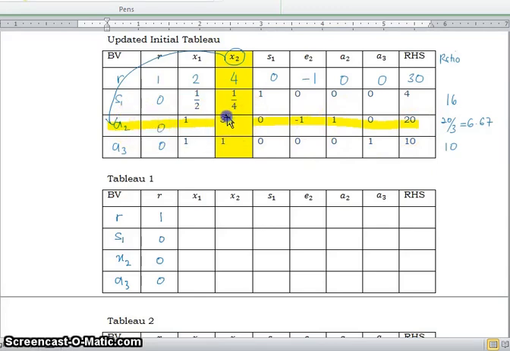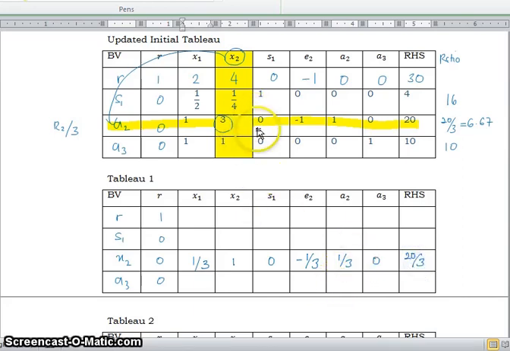Since the coefficient of X2 in row 2 is 3, we want to change the coefficient to 1. So the ERO for this row is row 2 divided by 3. So we get 1/3, 1, 0, negative 1/3, 1/3, 0 and 20/3.